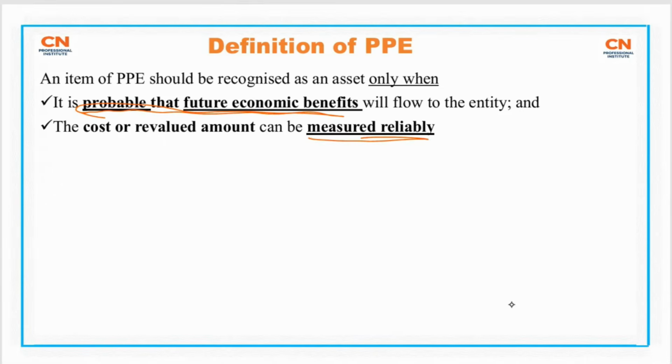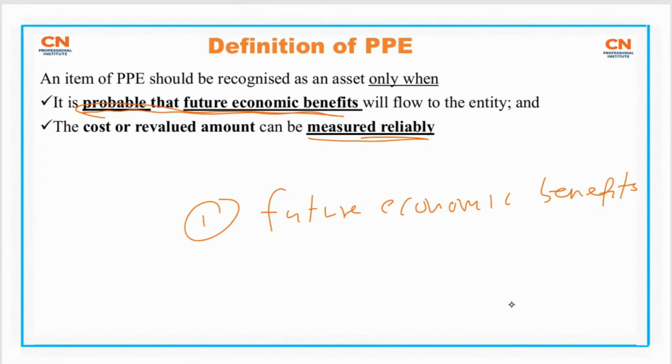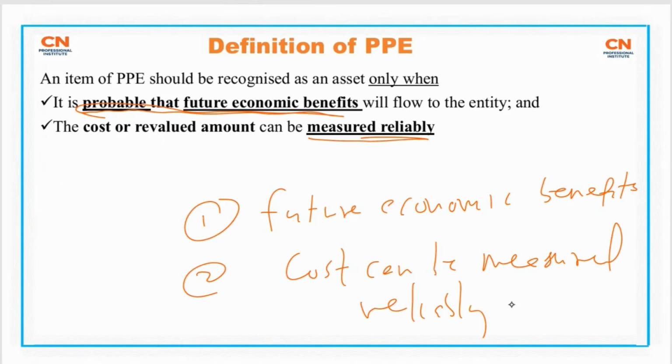So don't forget: one, when it is probable that future economic benefits associated with the PPE will flow to the entity, and two, the cost can be measured reliably. So we can estimate the cost. We can put a reasonable figure, or attach a reasonable amount to the PPE as the cost.